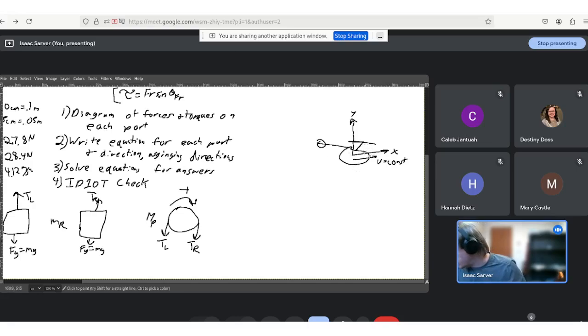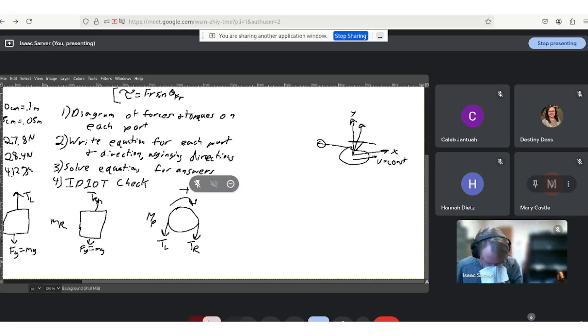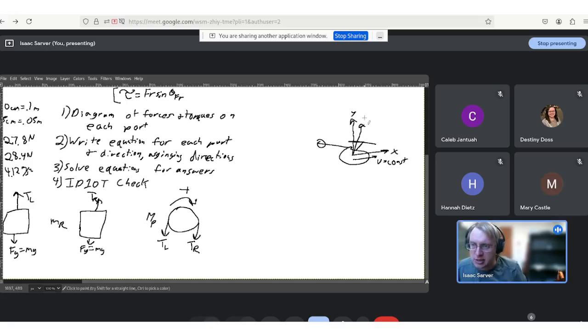It has acting on it some lift L. That is theta from the vertical.